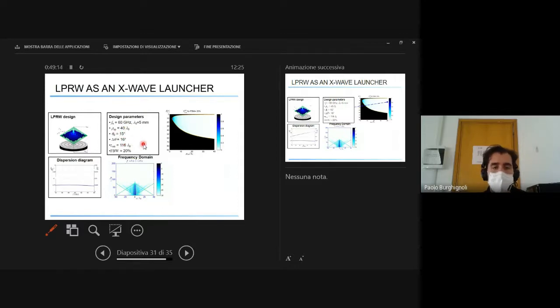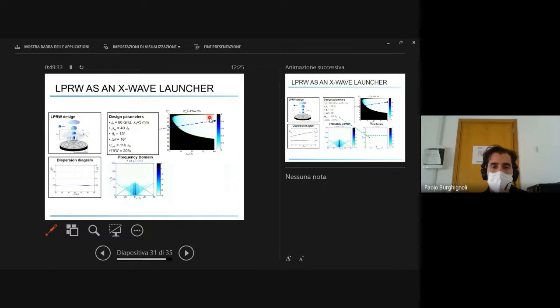As a consequence, you will have a non-diffractive range that here is dictated by this choice to be on the order of 120 wavelengths. This choice puts you in this plot just here, and as I said, this is the plot of the confinement figure of merit that is telling us that we are expecting to have a very confined X wave.